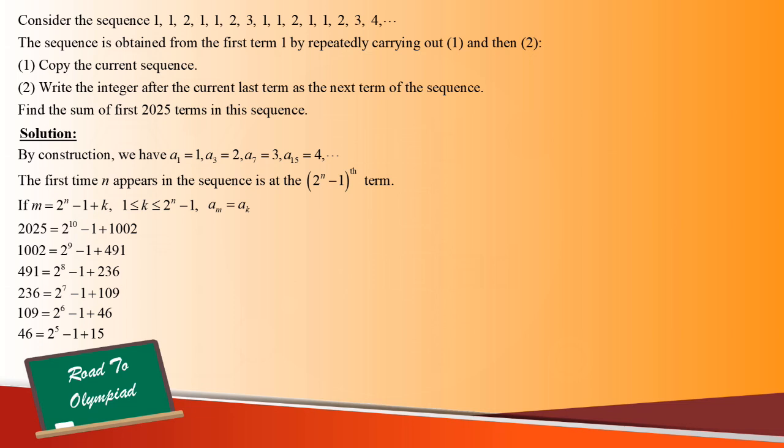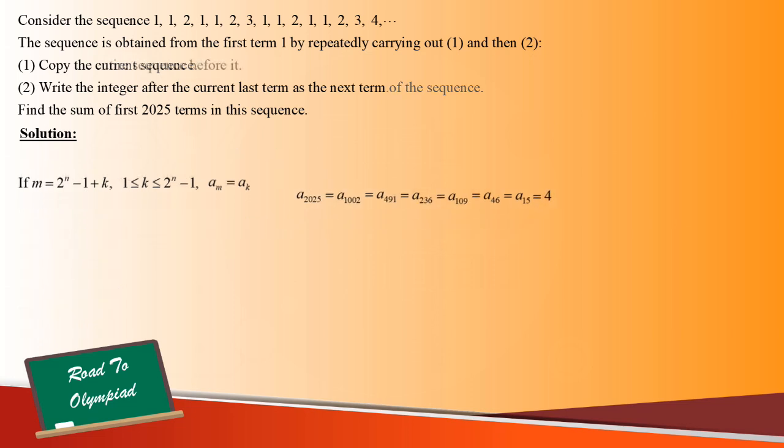Therefore, we have A2025 = A1002 = A491 = A236 = A109 = A46 = A15. And we know that the 15th term is equal to 4.